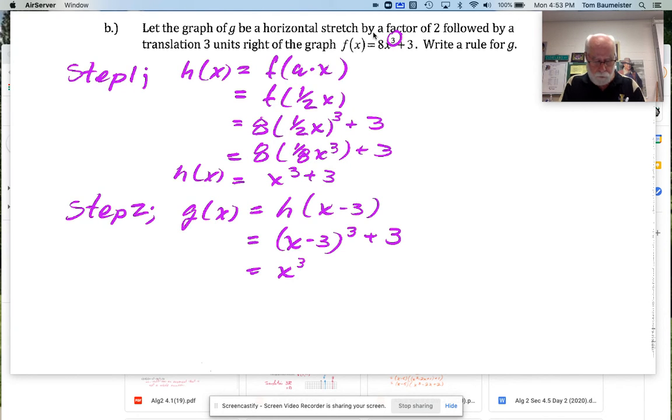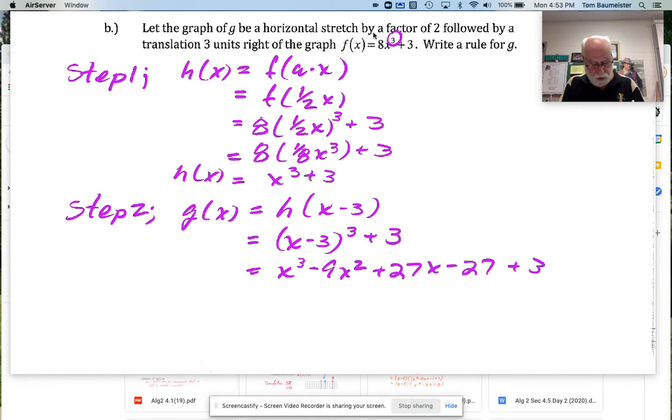But if we did it, what you should have gotten for your h of x part is x cubed minus 9x squared plus 27x minus 27. That's all of our h of x, and then we're still going to add 3 to it.